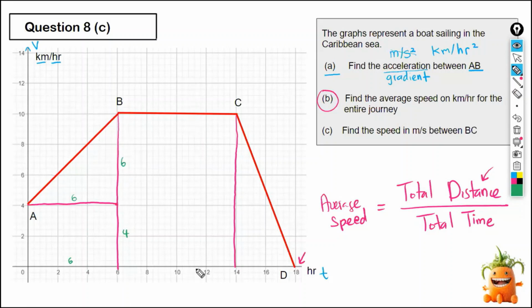You're going from 6 to 14, 14 minus 6, which I can't do in my head for some reason. And from here to here, this long line, that's 10. And from here to here is 4, right? So that should help you with the dimensions. We know the area is length by breadth, base by height divided by 2, and so forth.